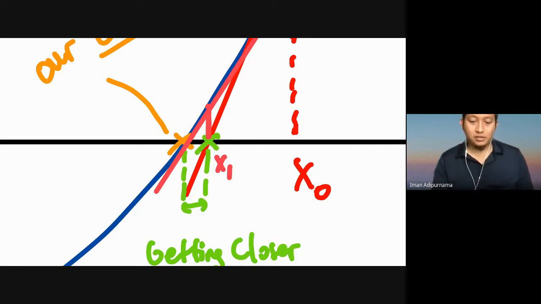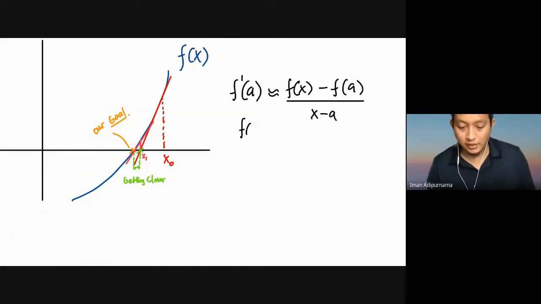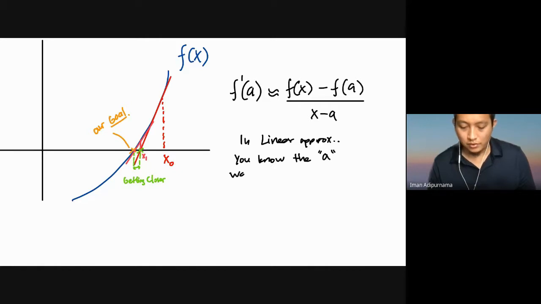So instead of, in linear approximation, you know the a and want to find f of x, right? Equals something, right? Let me write here so you can have a better understanding. In linear approximation, you know the a, want to find f of x.